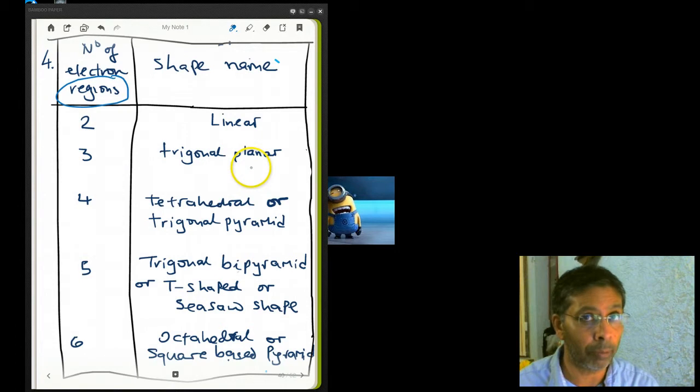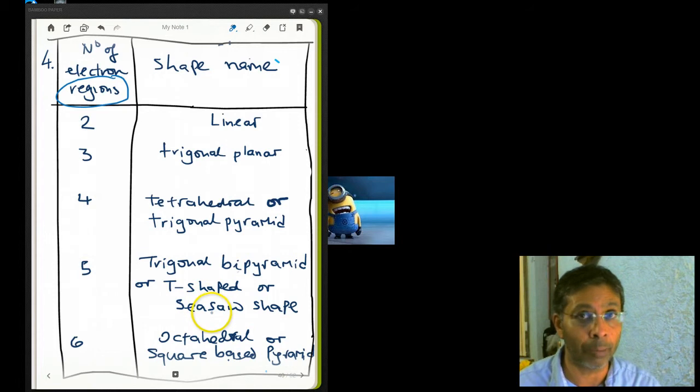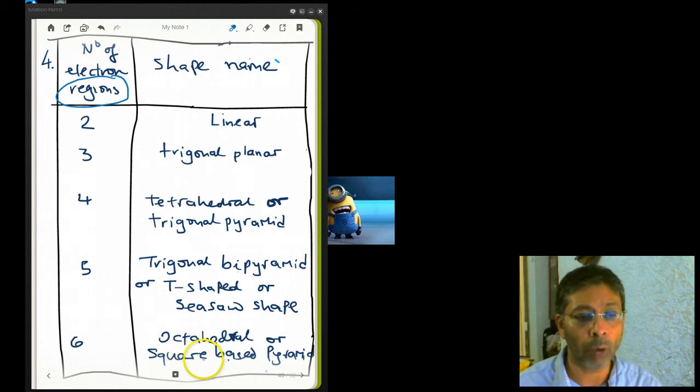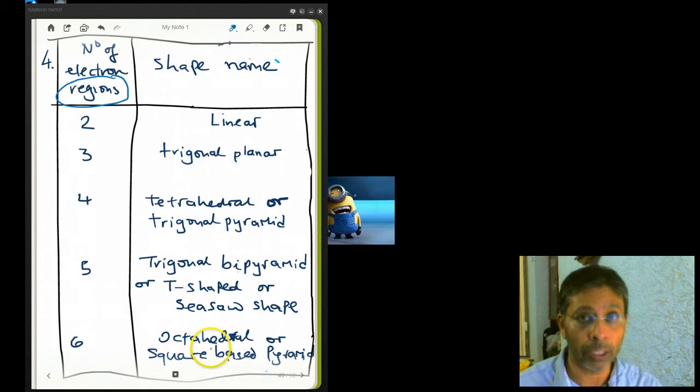I'll show you examples, little models in a second. If it's got 4 electron regions, it's going to be tetrahedral or trigonal pyramid. 5 electron regions, it'll be trigonal bipyramid or T-shaped or seesaw shape. We'll see what that means in the examples. Okay, number 6. If you've got 6 electron regions, then the shape name will be octahedral or a square-based pyramid. Okay, and we'll be able to tell which one it is.